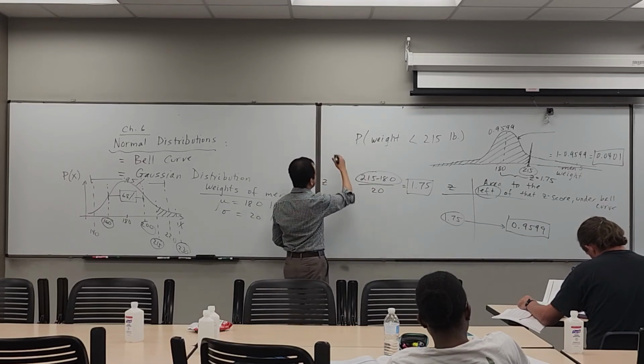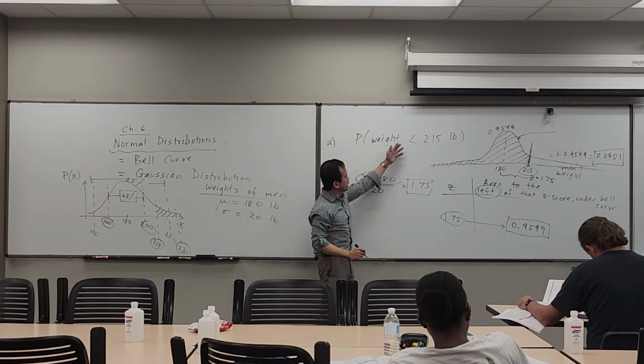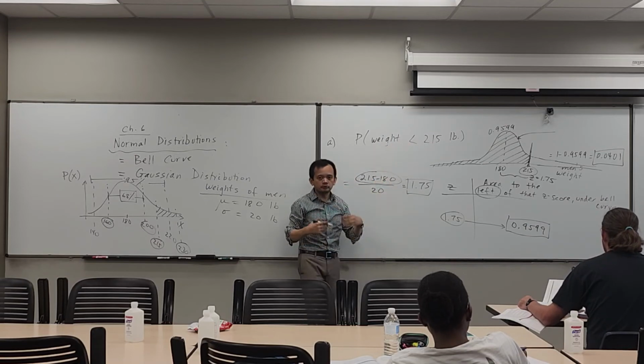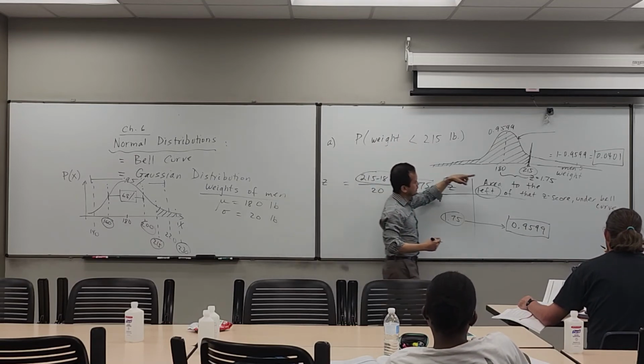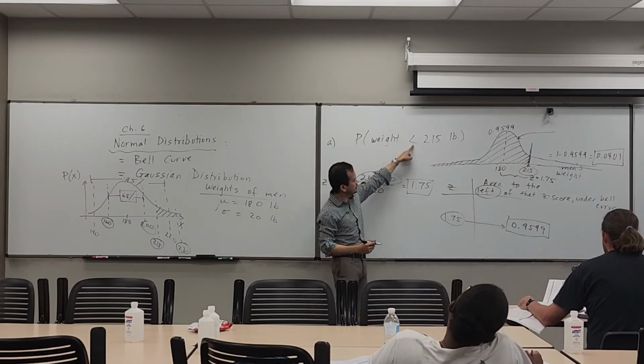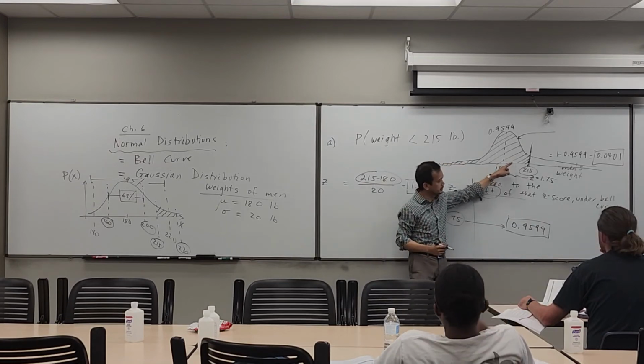Okay, so to answer this first question, what's the probability that a man's weight will be less than 215 pounds? That is equivalent to finding an area to the left, because the probability of the variable being less than a value is the same as the area to the left under the distribution.